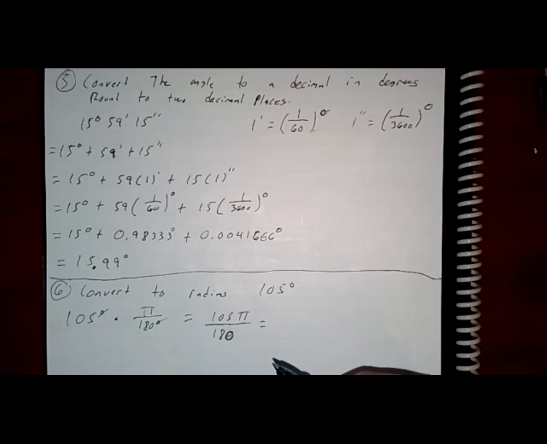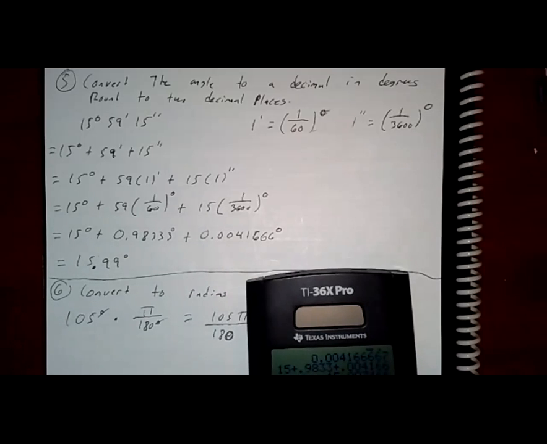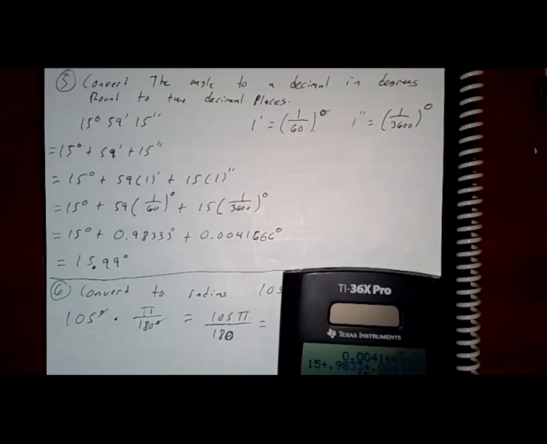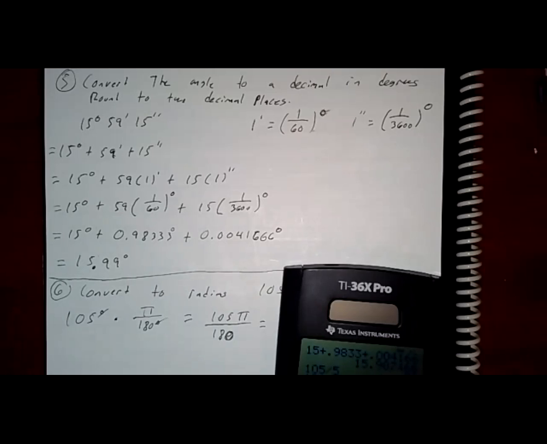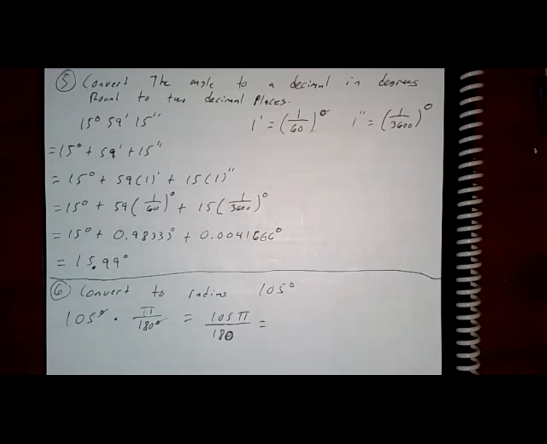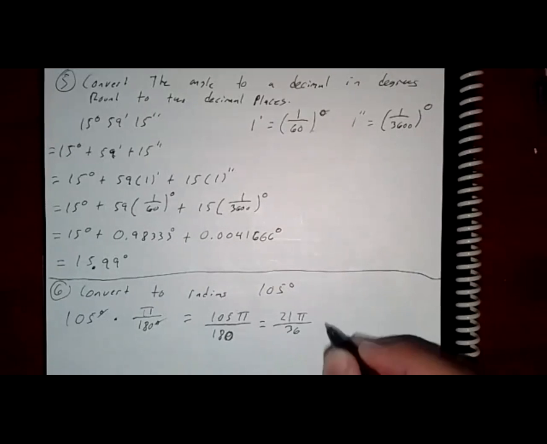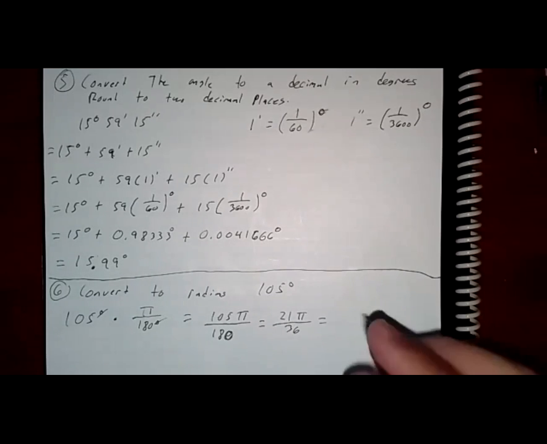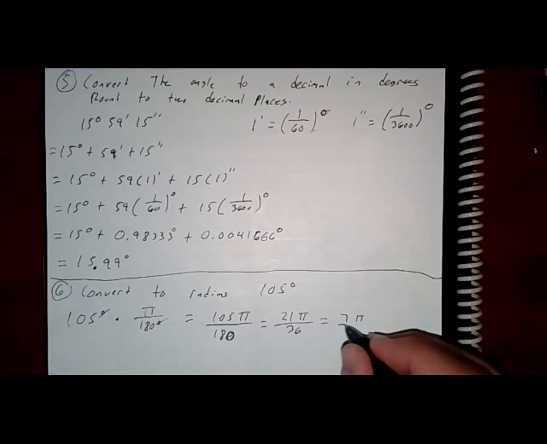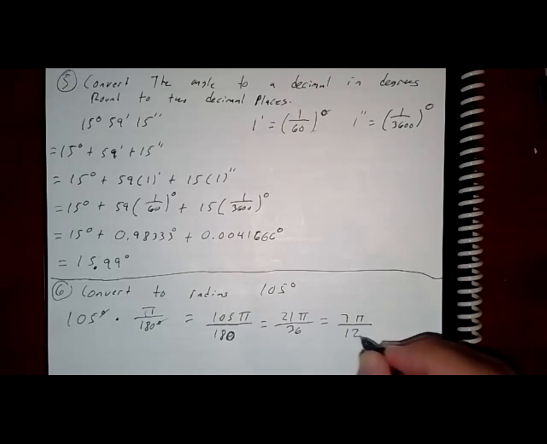So let's see. 5 goes into both for sure, right? Gives me 21. 180 divided by 5, 36. So that's 21 pi over 36, but not quite small enough because 3 goes into both. This will be 7 pi over 12.